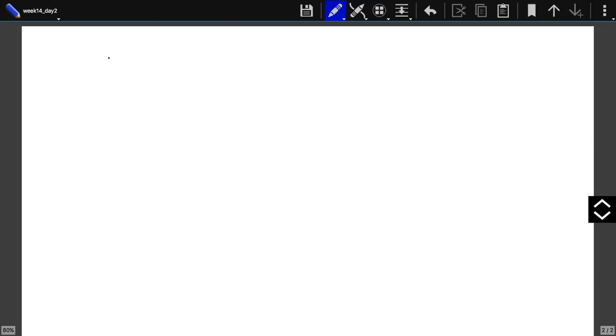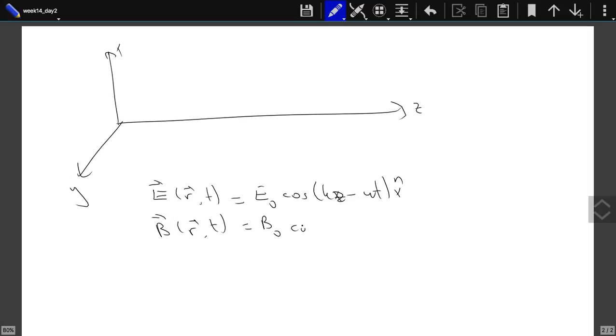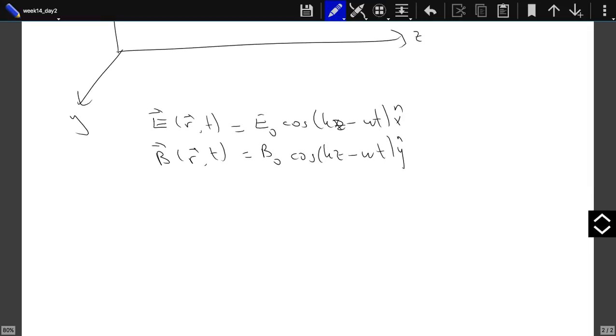Now let's go over what we had done yesterday. We had the x-axis, the y-axis, the z-axis, and we said that it is possible to have electric and magnetic fields such that the electric field at the point r at the time t is equal to E0 cosine of (kz minus omega t) in the x direction, and the magnetic field has more or less the same form in the y direction.